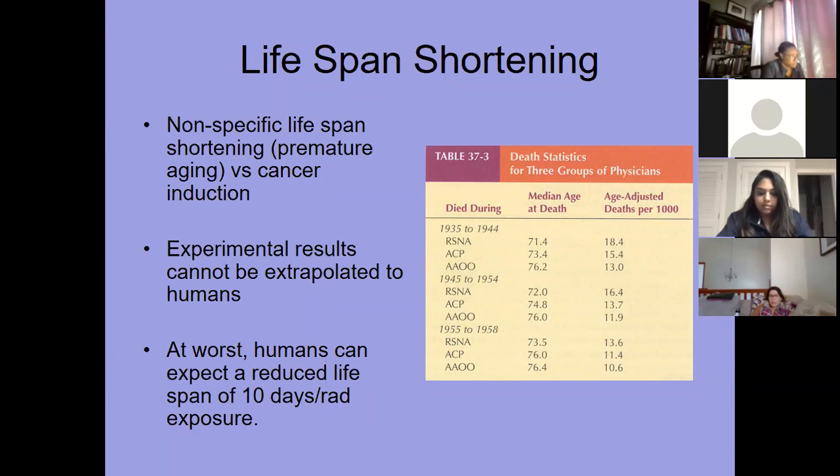If you want to put this into perspective, I have had a 40-year career basically in imaging. My cumulative dose, according to my dosimeters, is less than a third of a rad.